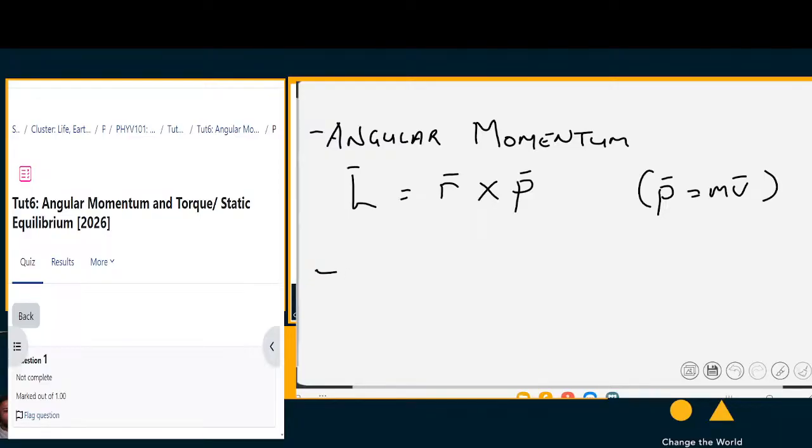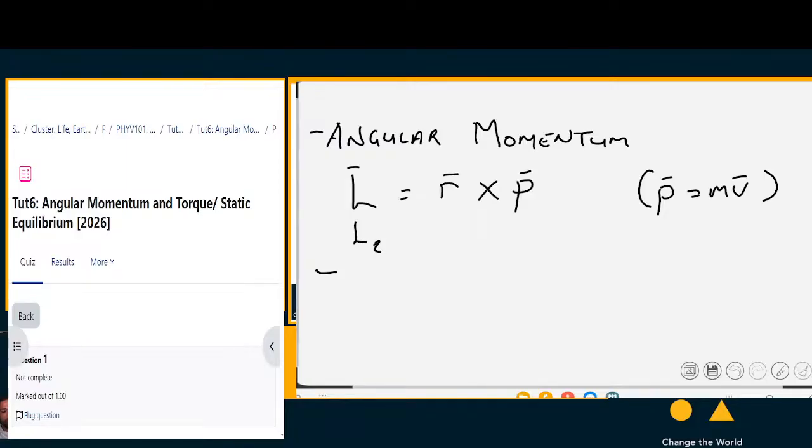Another thing about angular momentum that I just want to mention: the z component of angular momentum of a rigid body, or just the component of angular momentum.